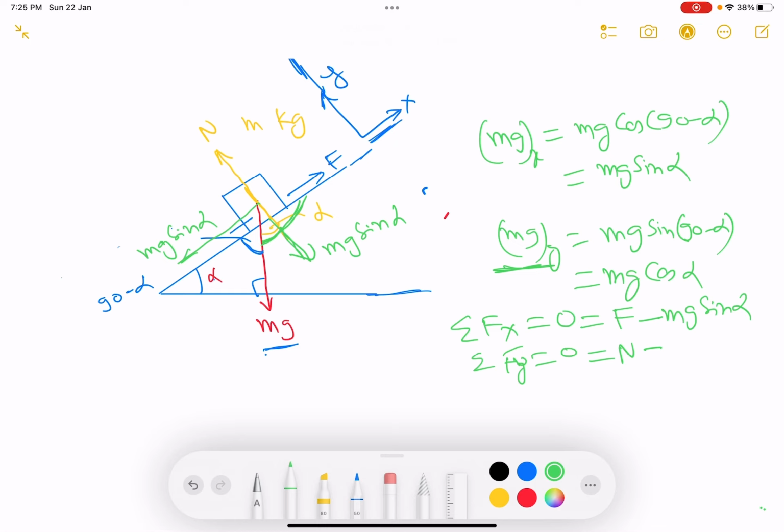Am I right? Oh, sorry, this is mg cos alpha, right? I'm so sorry for this, this was my mistake. So this will be N minus mg cos alpha. So these are the equations.